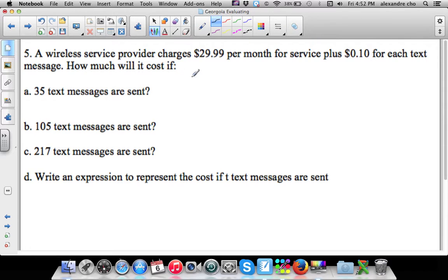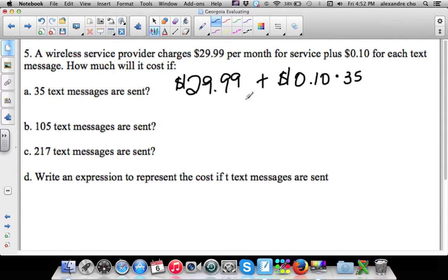You have to pay $29.99 a month, no matter what, for your wireless service. Then they're going to charge you 10 cents for every text message that you sent. So $29.99 plus 10 cents per text message, and how many text messages? In this case, you sent 35 text messages.